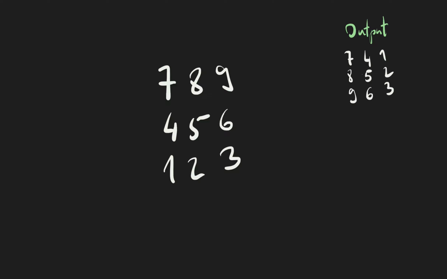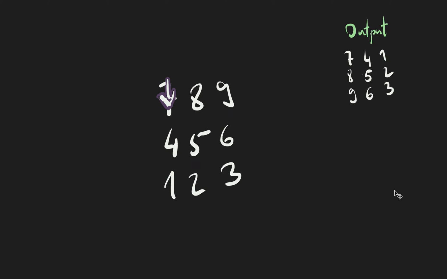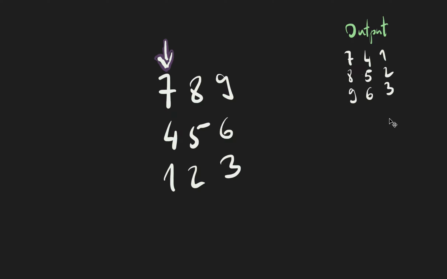What we need to be careful about here is that whenever we swap coordinates, we need to do it just once. So let's see what happens if we swap every number twice. 7 has coordinates of 0, 0, so when we swap the coordinates, it's in the same position. Move on.